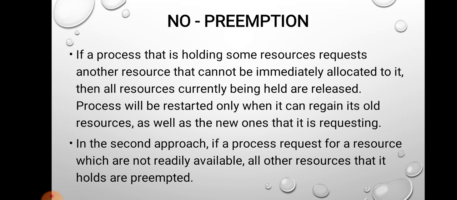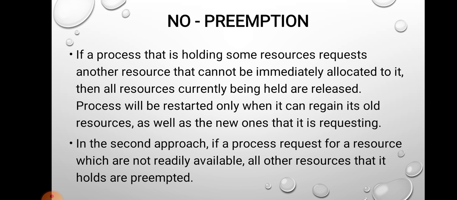Getting it? In approach 1, in no preemption, if a process is holding some resource and requests another resource that cannot be immediately allocated, then all the resources held by that process are released.